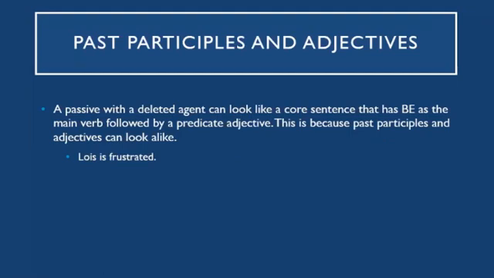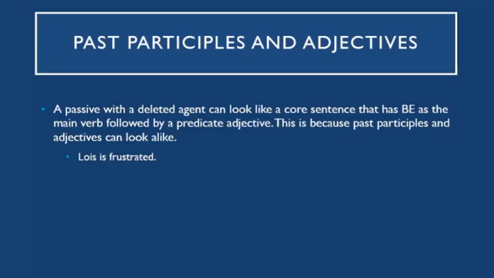Past participles and adjectives. Here we might have a situation, and that's why you have to test it. And here's when we get ambiguity. Juan's favorite word, right, Juan? Sure. A passive with a deleted agent can look like a core sentence that has be as the main verb followed by a predicate adjective.